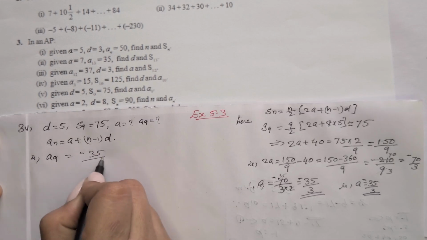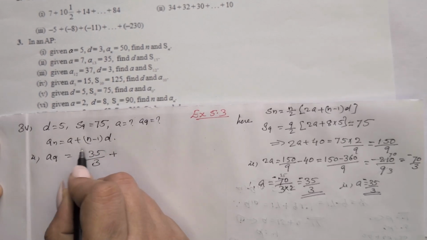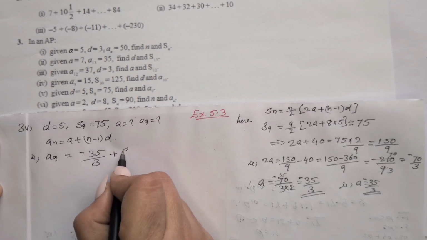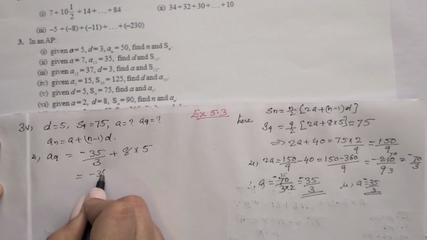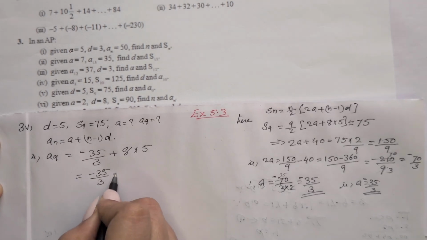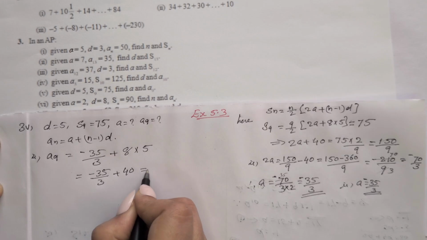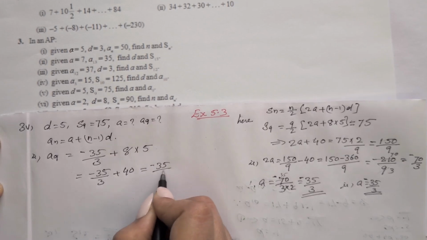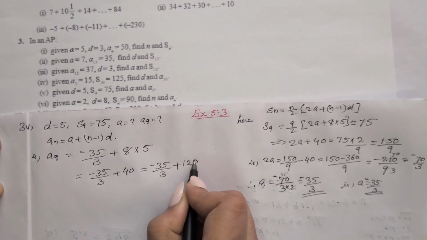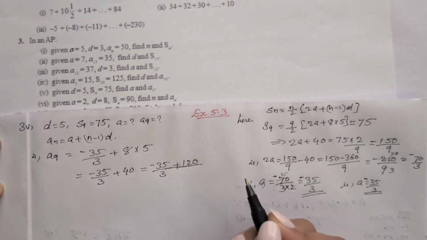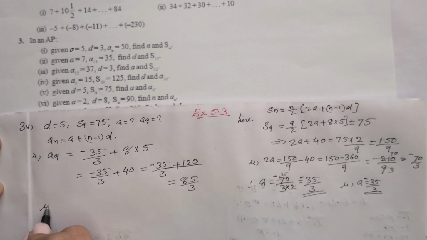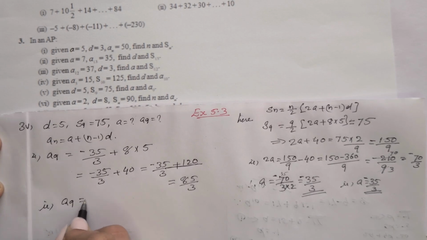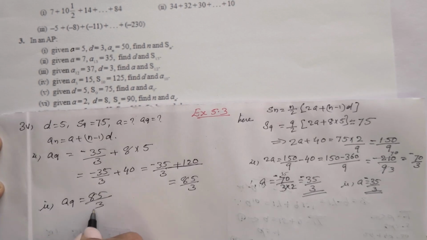Minus 35 by 3 plus n means 9. N minus 1, 8. D is 5. Which is equal to minus 35 by 3 plus 40. That we can write as minus 35 by 3 plus 120, the whole thing divided by 3. Which is equal to 85 by 3. That means A9 is equal to 85 by 3.